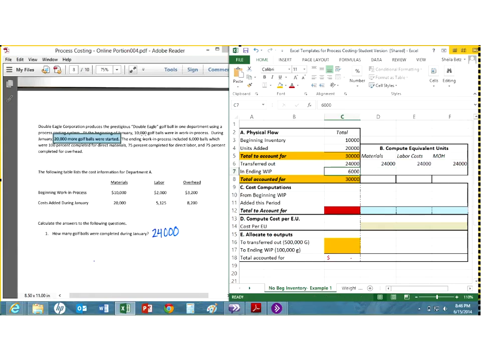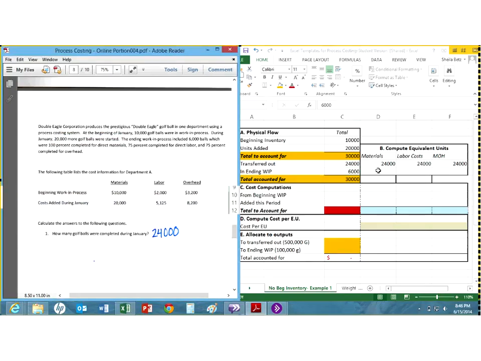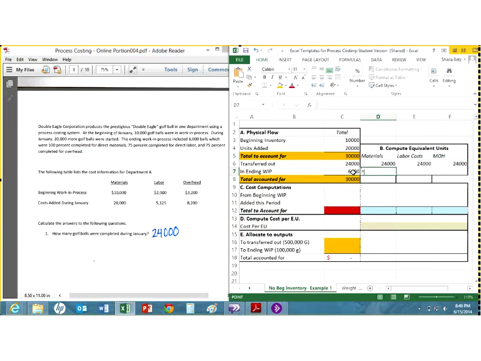It's the ending work in process that gets tricky. So these 6,000 golf balls, since they're an ending work in process, that means they're not finished. It does say they were 100% complete for direct materials. So I know these are 100% complete in regards to direct materials, but it says they're only 75% complete in regards to direct labor.